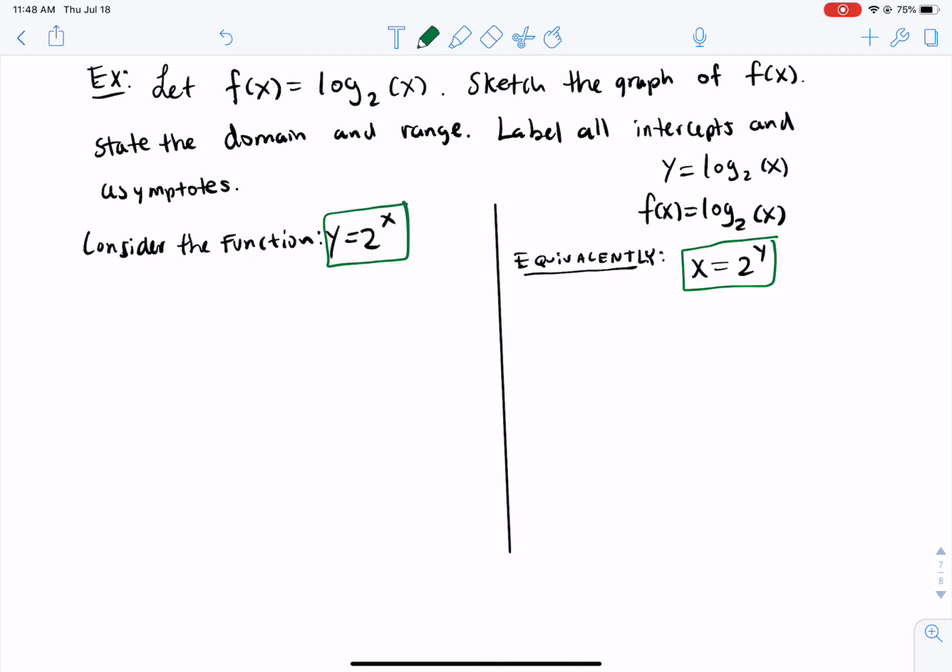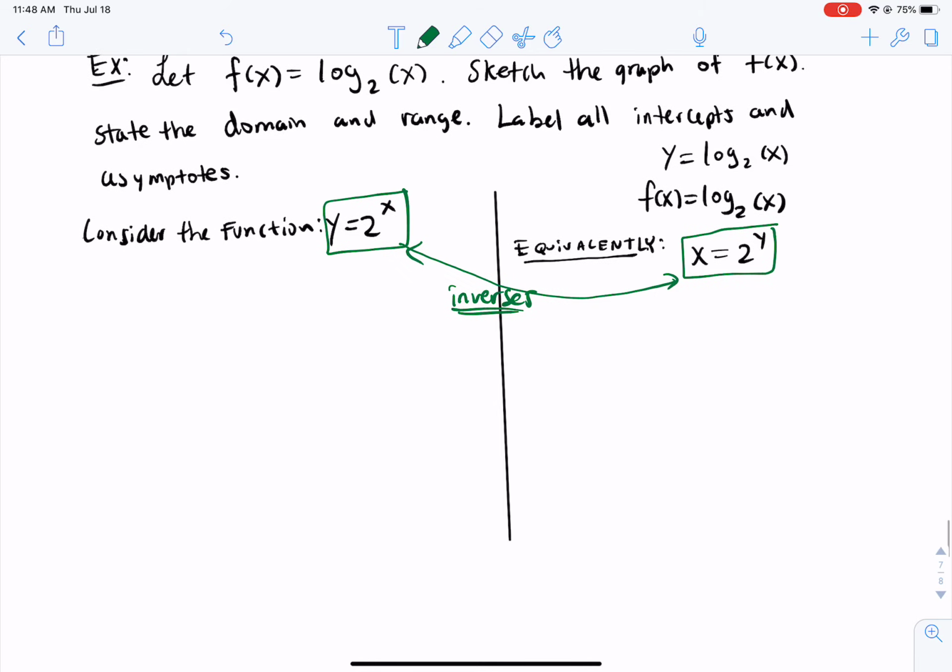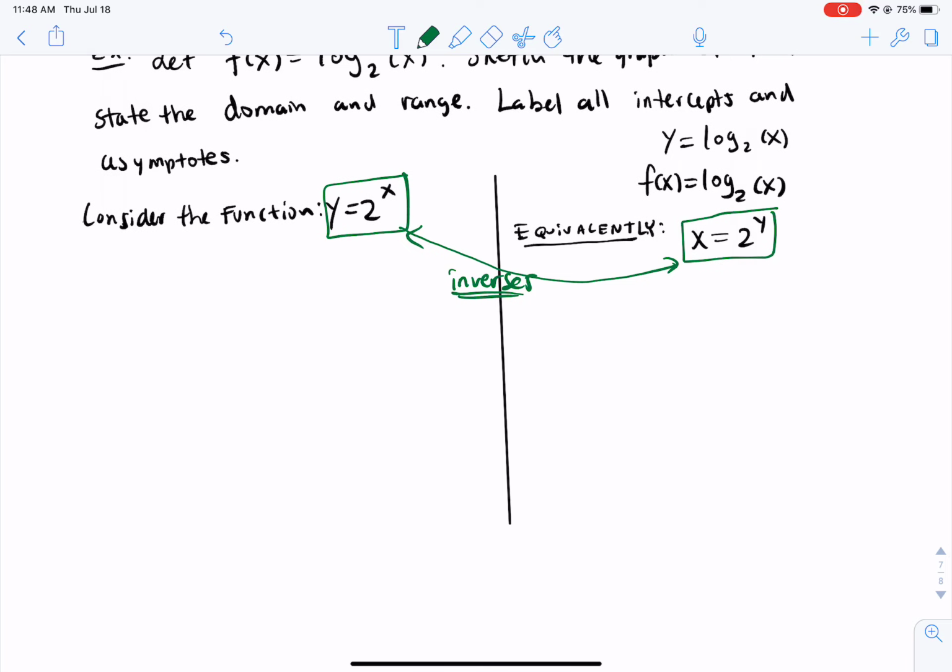Of course, it's not always the case that we're going to do this all the time. We're just going to memorize how this looks in the future. So these are inverses of each other. By that, they're going to be mirror reflections of each other about the line y equals x. So here we are familiar with 2 to the x.